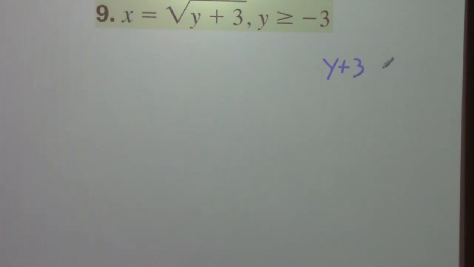What do we know that it has to be? We know it has to be greater than or equal to 0, right? Does that make sense? And then if we solve for y, what do we get? Y is greater than or equal to negative 3. Okay, so that's where this came from.